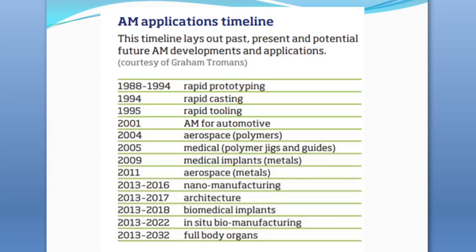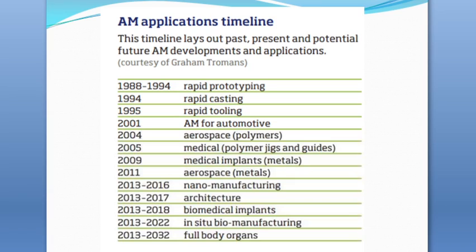In 2005, medical applications in polymer jigs and guides. In 2009, medical implants using the metals. In 2011, aerospace using the metals. In 2013 to 16, nano manufacturing uses the AM applications.